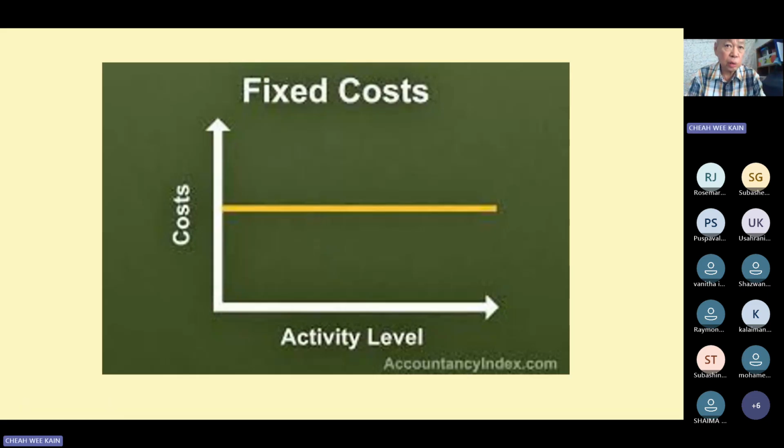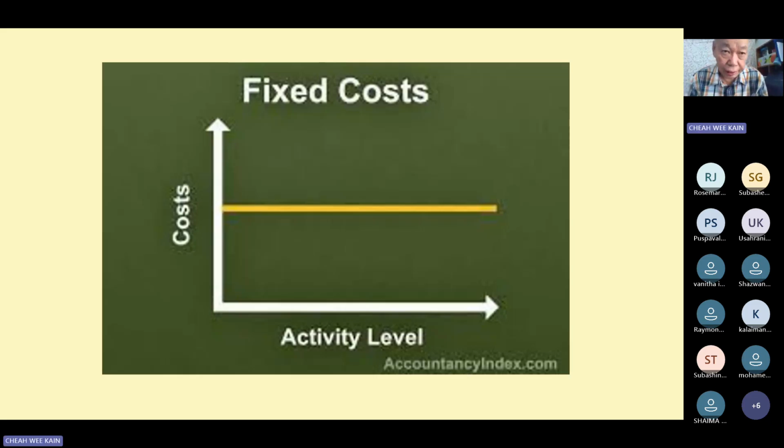So your contract should not be signed for many, many years. Because if you sign your contract for many, many years and you cannot reach the activity level, you have to bear the fixed cost. Whether you make a profit or a loss, the fixed cost is always there. Now, here comes the problem.